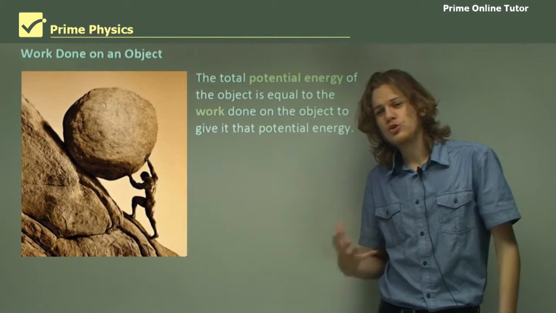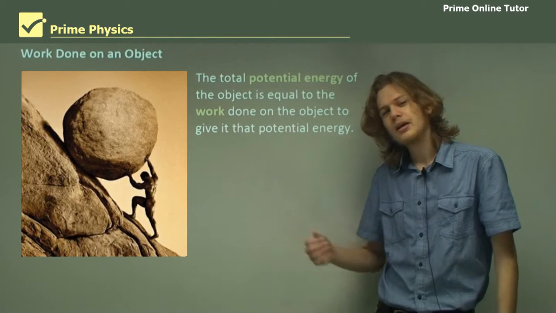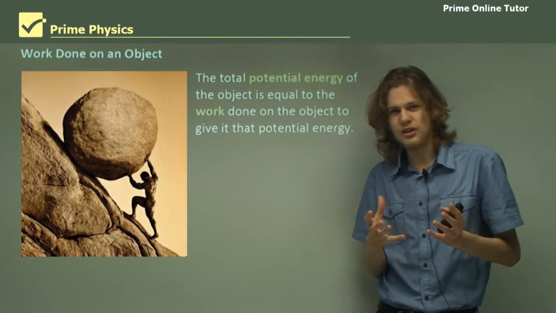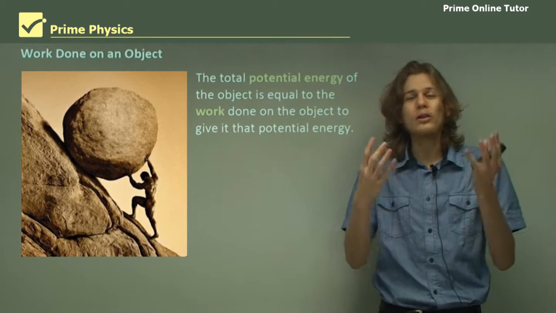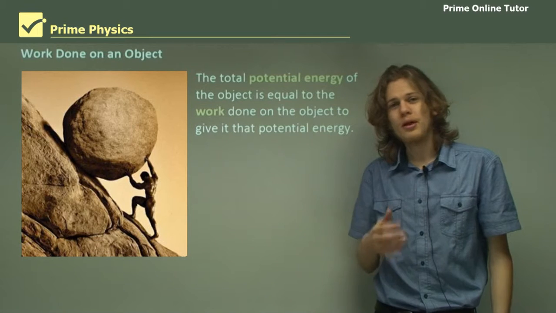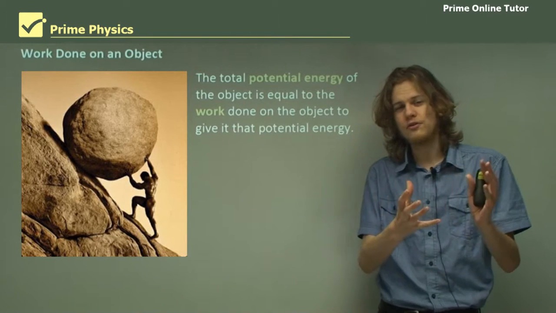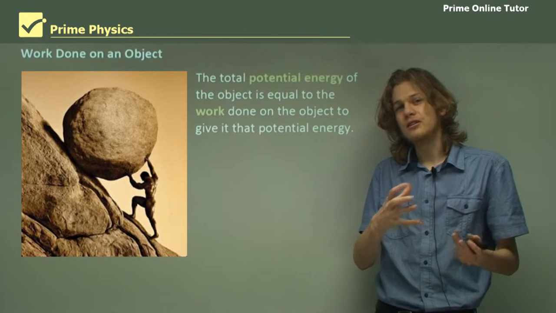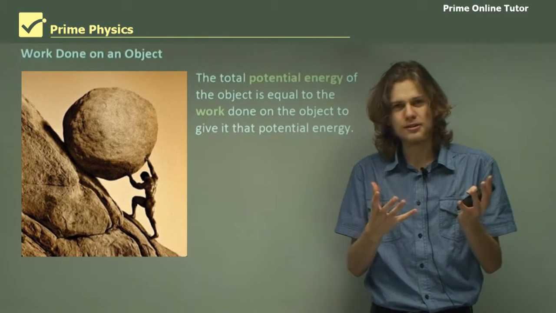That means that if we do a lot of work to lift up, for example, a huge boulder, then its total gravitational potential energy will be the total work that we put into it while we lift it up. Remember that due to conservation of energy, if we put in a certain amount of energy, that energy can't just disappear. It's stored as the potential energy of the object.